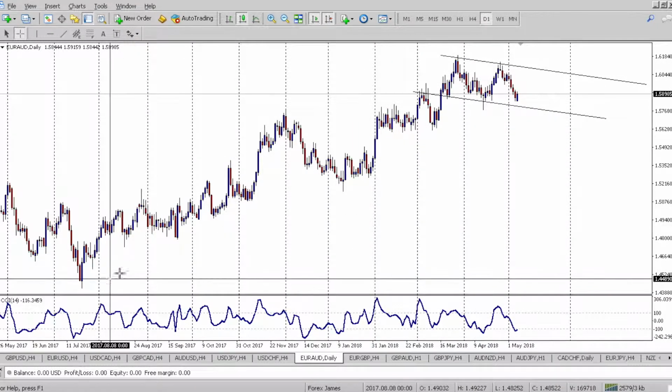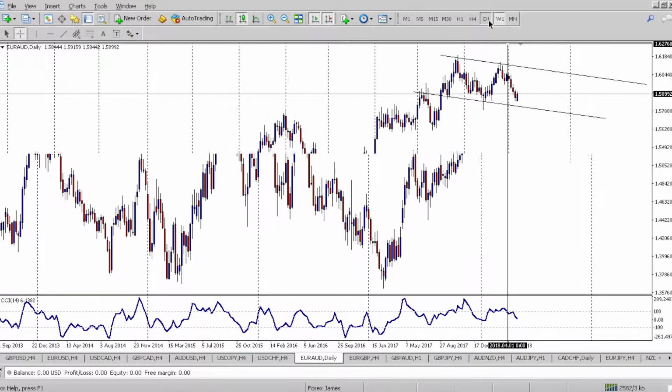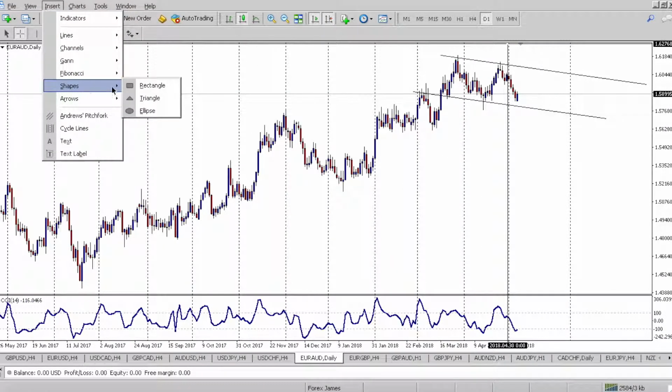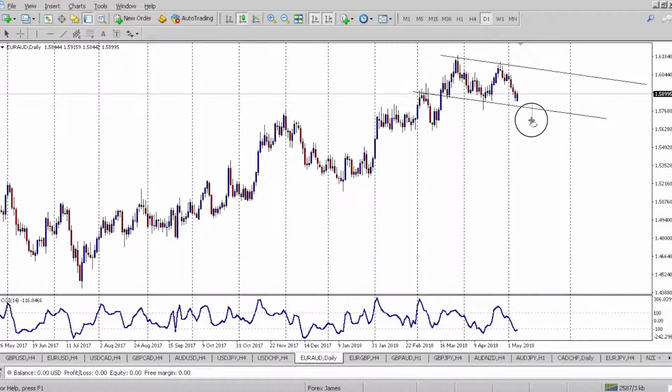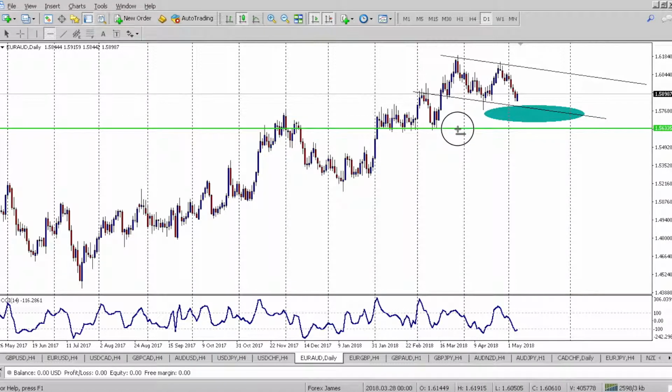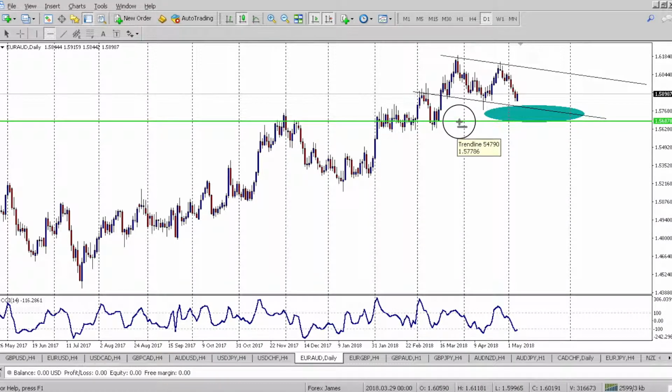The move is still going to the upside, so I'm going to look for some sort of a buy here. So this price would coincide with this down channel, and also just demand over here. So support, basically.